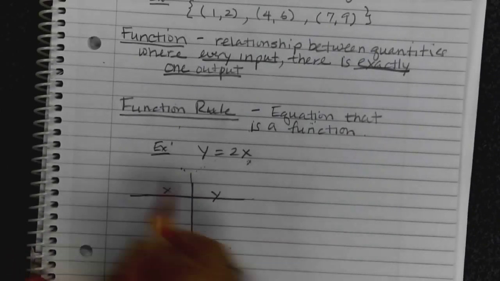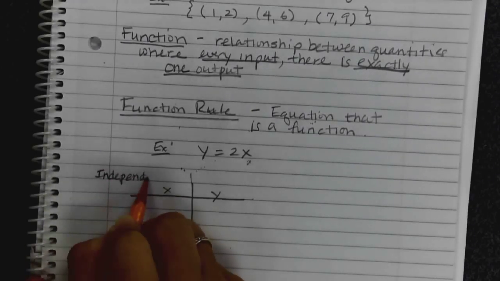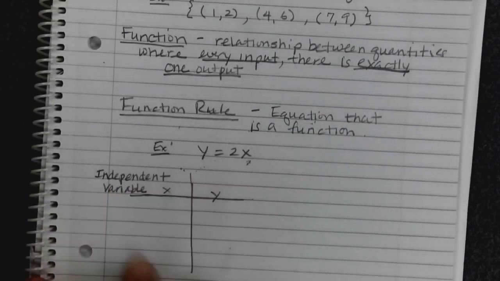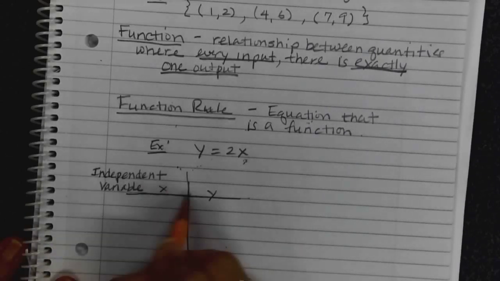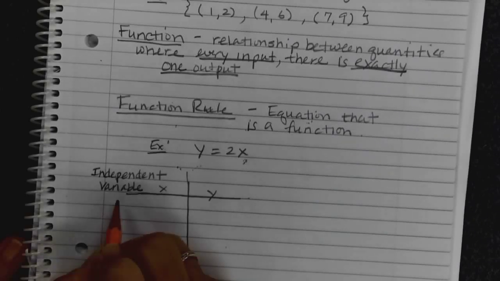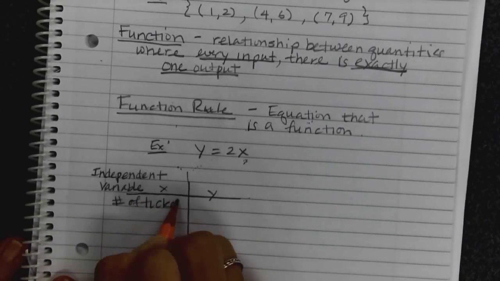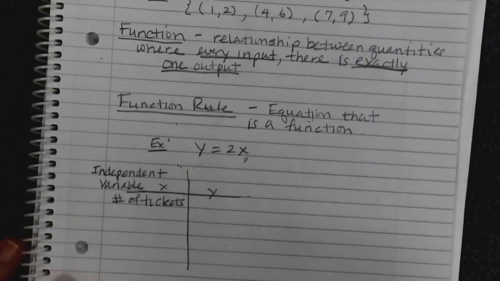This side of the table, we call this the independent variable. This is the side you control. So, on this table, instead of x, this also could represent number of tickets.